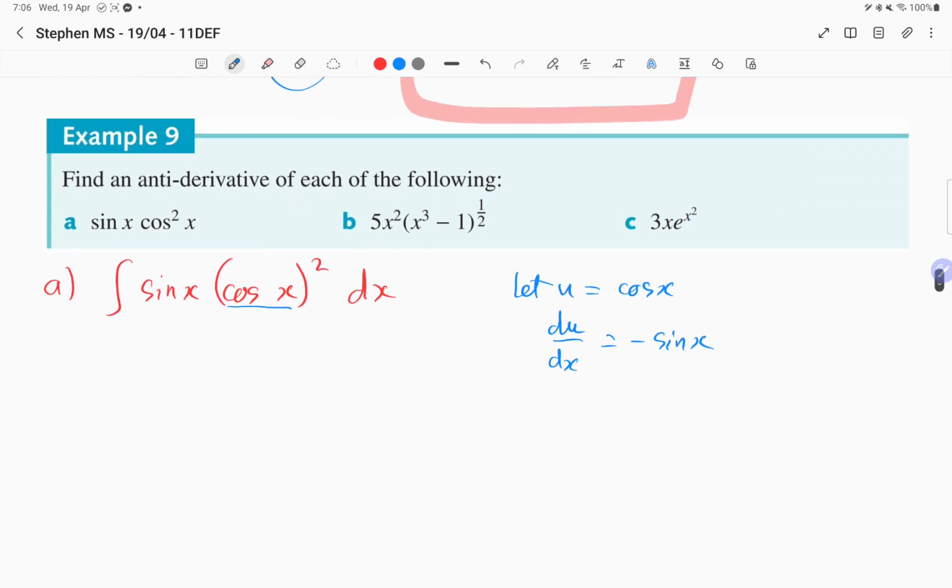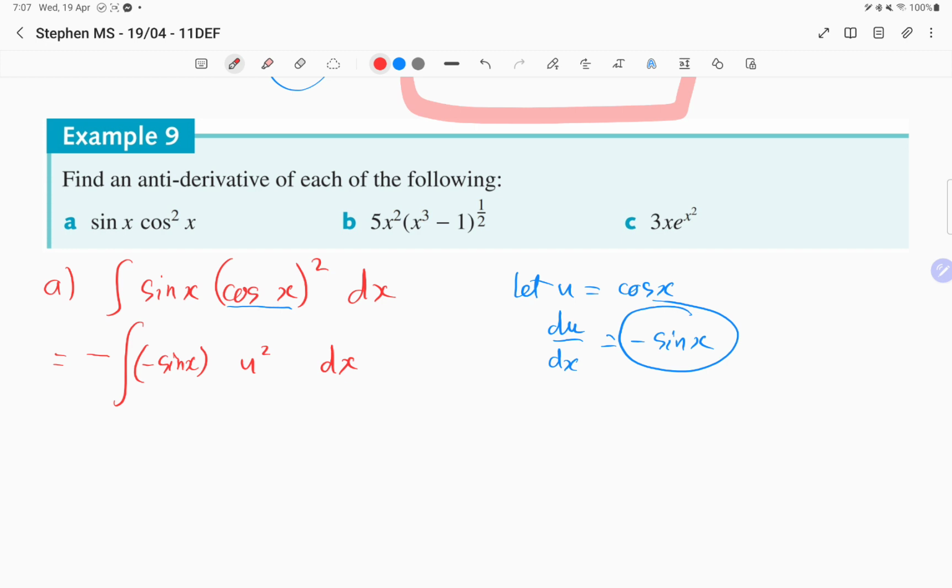Now, given this one here, note that this is du over dx. It's very similar but not the same. How do we turn it into the same thing? You multiply it by negative 1, yes. So that would be negative of antiderive negative sin x, and instead of cos x, I already said u is cos x, so that would be u squared dx.